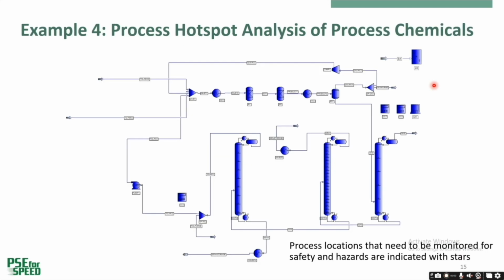For more clarity, the process locations that must be monitored for safety and hazards are marked with stars on this slide. The product stream, represented by green stars, will be retained in storage tanks. As a result, leaks from this vessel must be avoided. Also, benzene is dangerous, so it must not leak out.